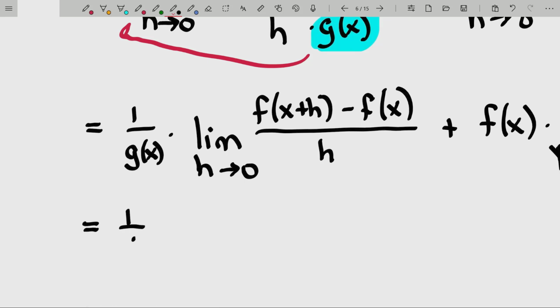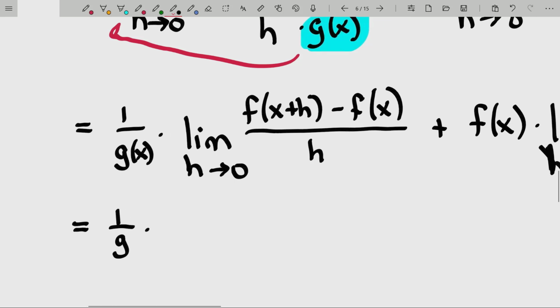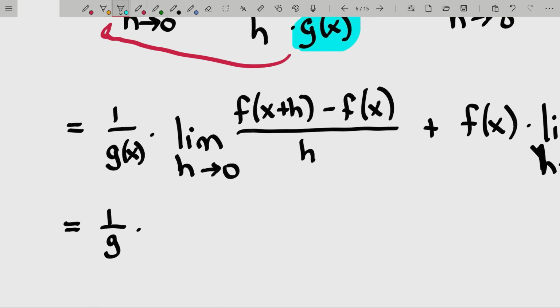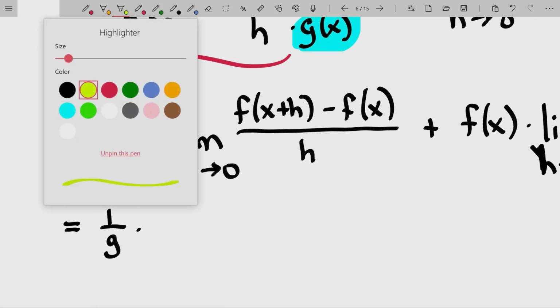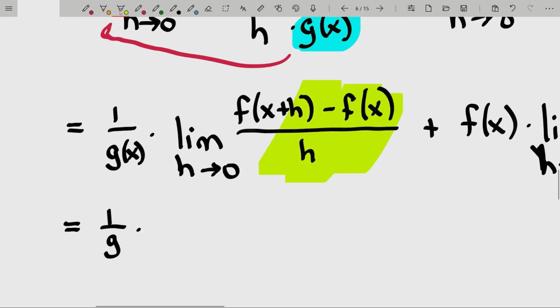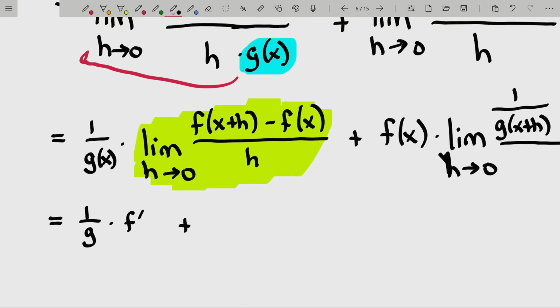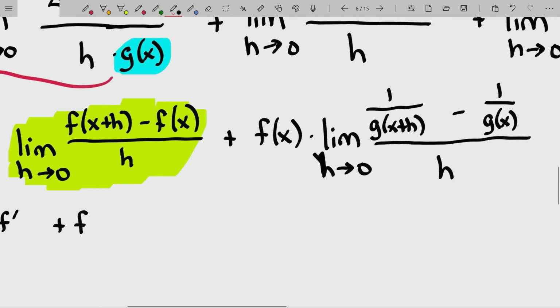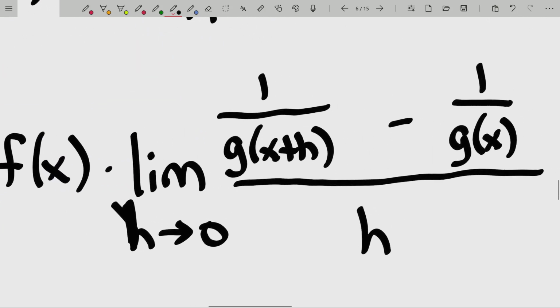This is 1 over g times this definitely right here. Let me highlight it in yellow. This right here is f prime, and we were told f prime exists, so I could just trade that out immediately for f prime. Plus f times, well, this right here, we're going to have to do some manipulations.